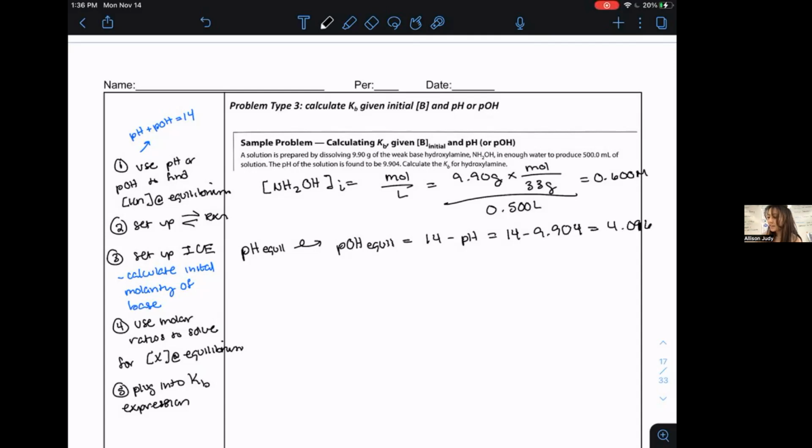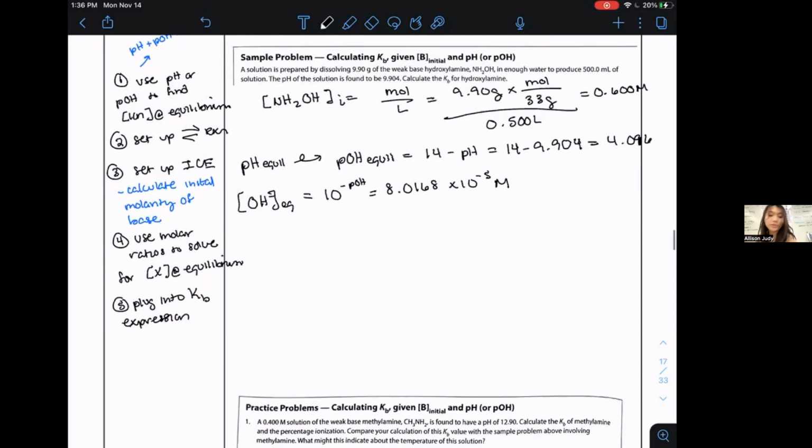And then using your pOH at equilibrium, you can find your OH concentration at equilibrium. That's going to be equal to 10 raised to the negative pOH, so it's going to be equal to 8.0168 times 10 to the negative 5th molarity.